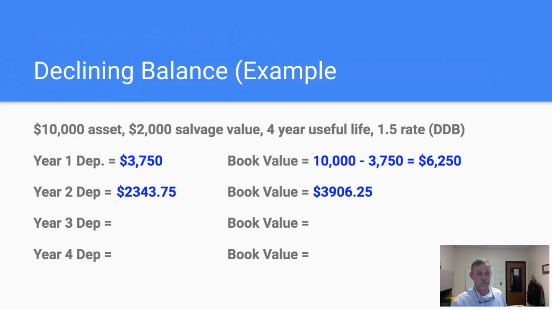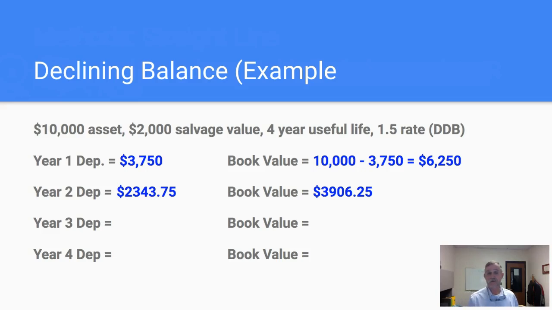Okay. Let's go to year 2. But you employ the same calculations and take the rate 0.375, that's not going to change, times the remaining value. I get 2,343 and a book value of 3,906.